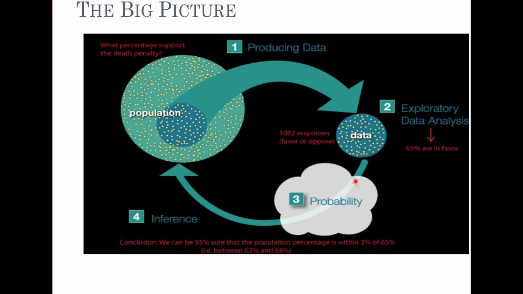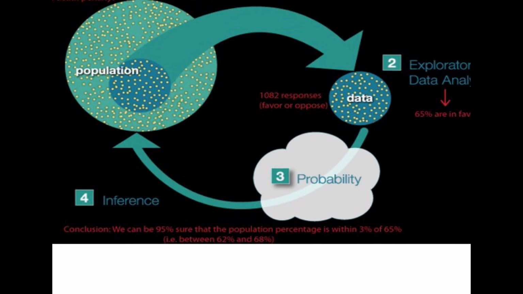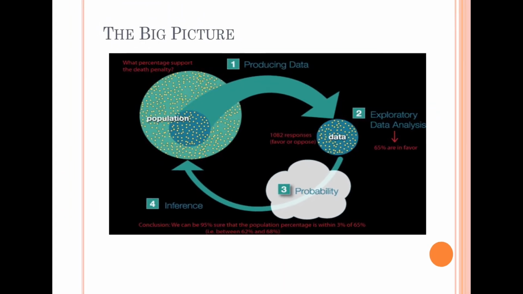But through some special tools and some probability knowledge that we have, we were able to make an inference about the larger population, where we said that the actual population would be within a plus or minus 3% of that 65%, which would put us between 62 and 68%.